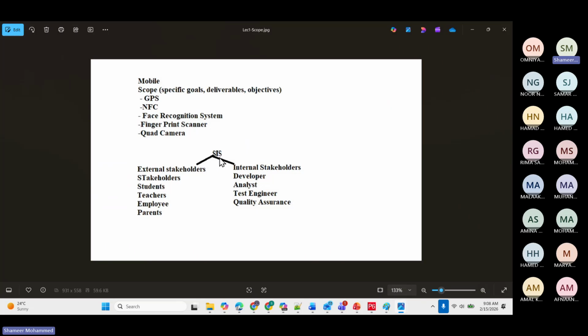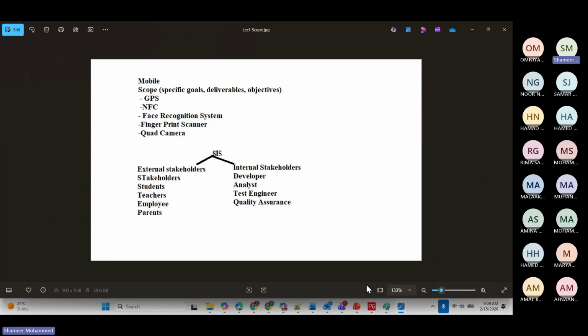And who are the stakeholders of this project? Like students, teachers, employees, parents. Also developer, analyst, test engineer, quality assurance people. This is another example. Previously, I gave you the SIS example. So, who are the stakeholders?